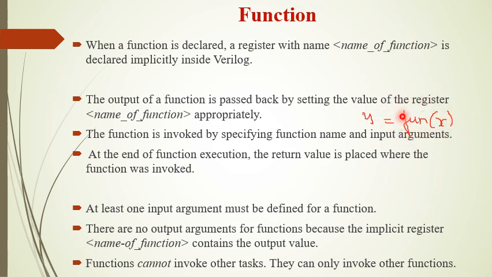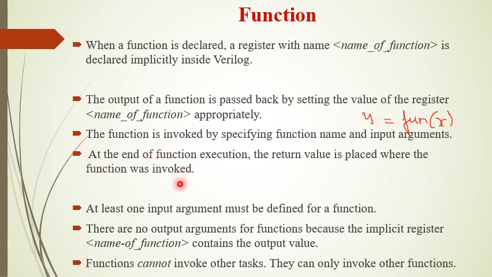After the function is invoked, the function will be executed and some processing will be done, and the return value will be held in the implicit register that is declared inside Verilog. Now that will be assigned to the left hand side signal. So this will be the invoking line.